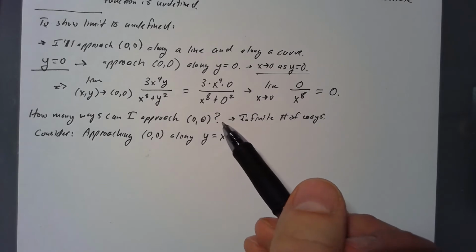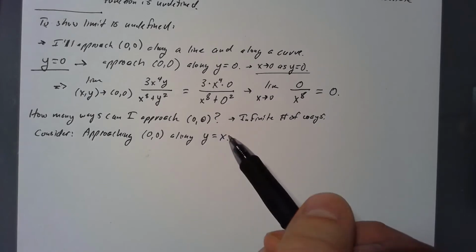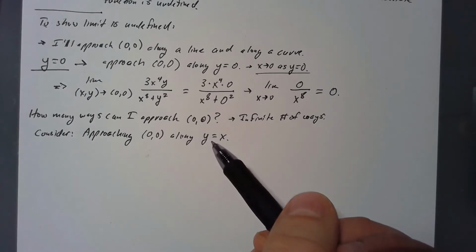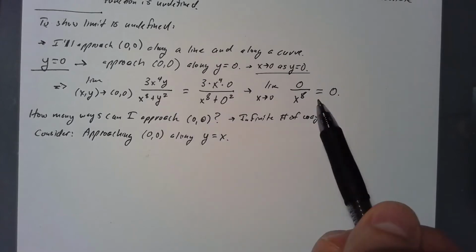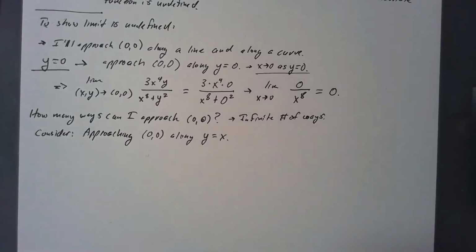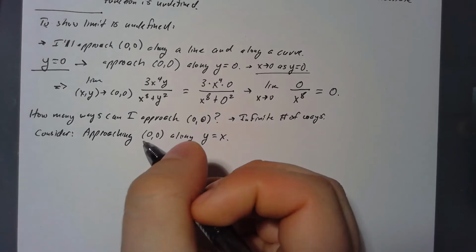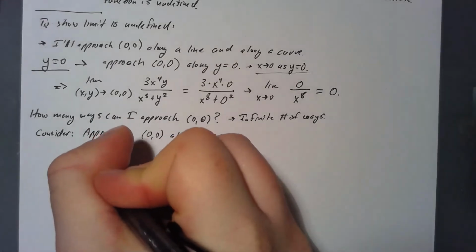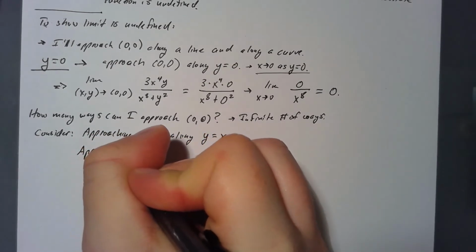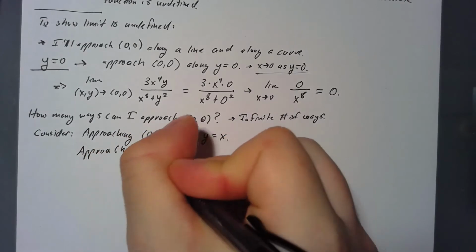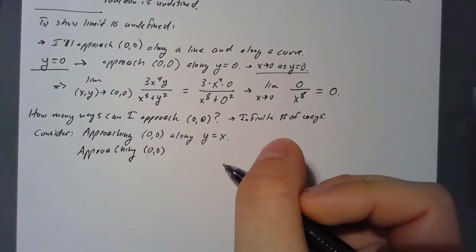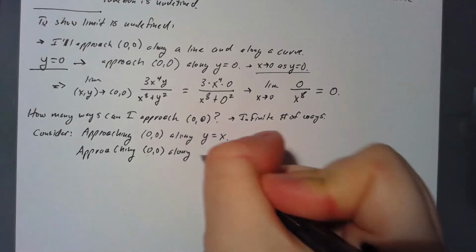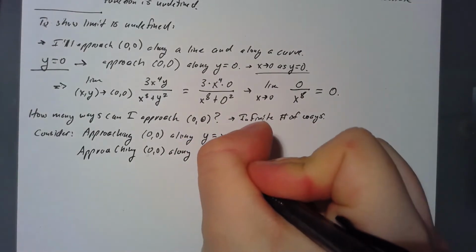So you could plug this in, since we're assuming this, and see if you get a different value. But I want you to think of all different other kinds of ways that work as well. So can I approach along y equals x squared?